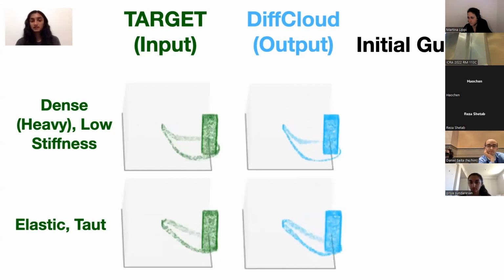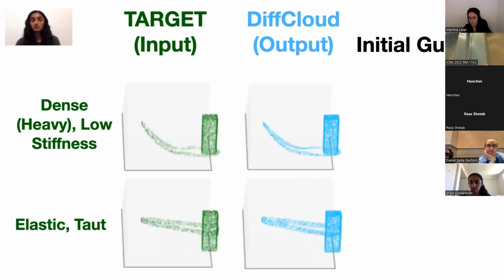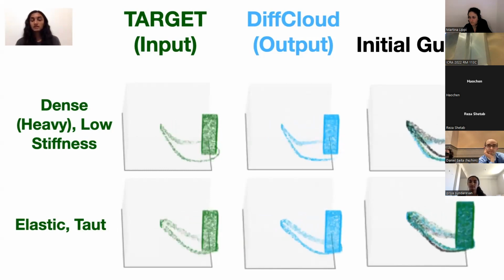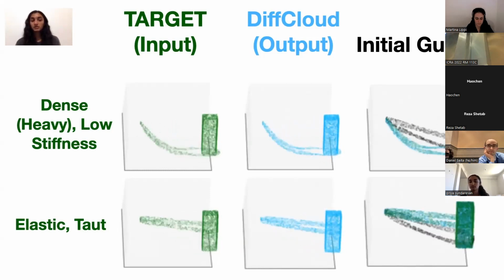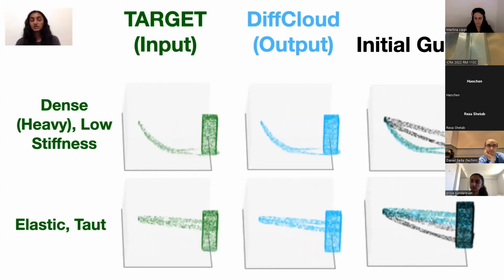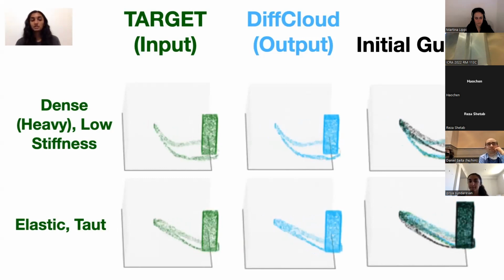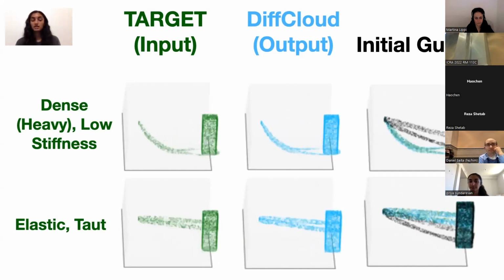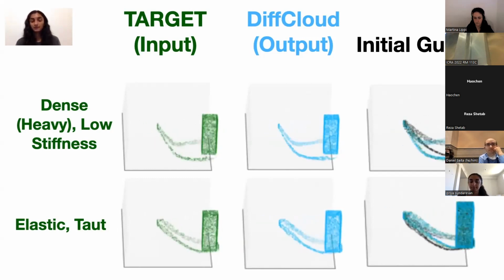DiffCloud successfully finds these parameters, shown in the blue column. On the right, we see that DiffCloud starts from an initial guess for parameters shown in black, which diverges from the target behavior in green, but eventually converges to optimized parameters in blue, resulting in alignment with the target.